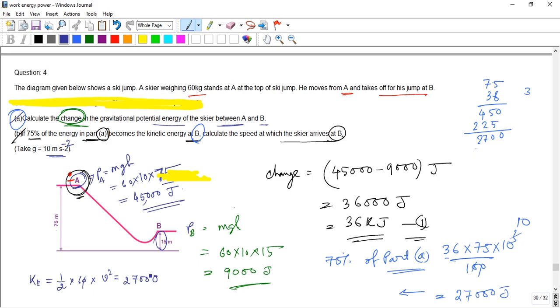So the 0 0 cancel here. 3 9s are 27. So v squared equals 900 and v equals 30 meter per second. So that is the part B answer, 30 meter per second.